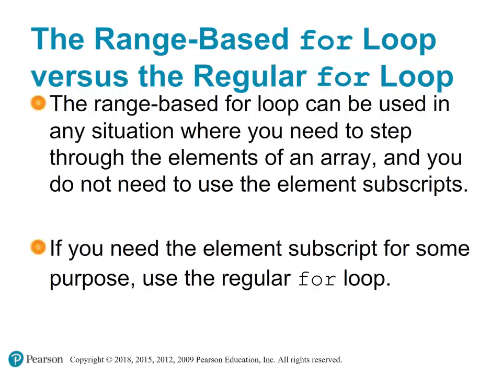The traditional for loop is used when you require the element subscript for some operation, such as accessing a parallel array or for advanced indexing calculations. It offers more control but comes at the cost of verbosity and the potential for errors, especially off-by-one errors.